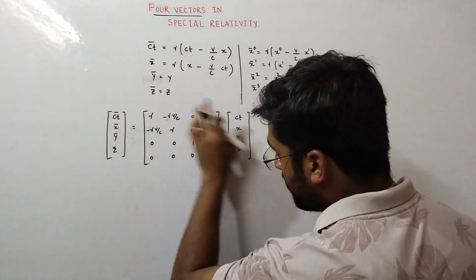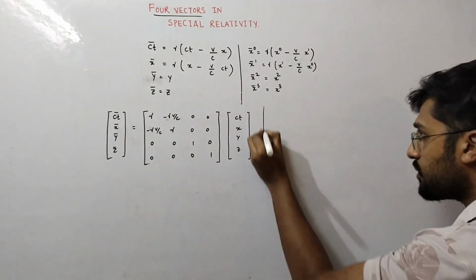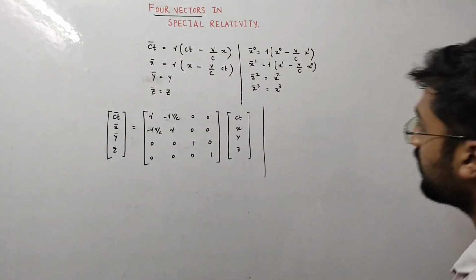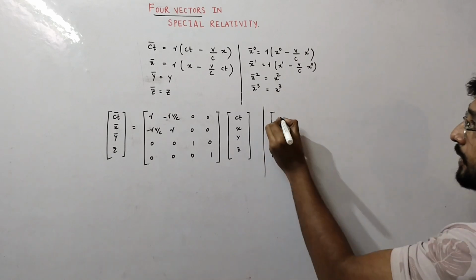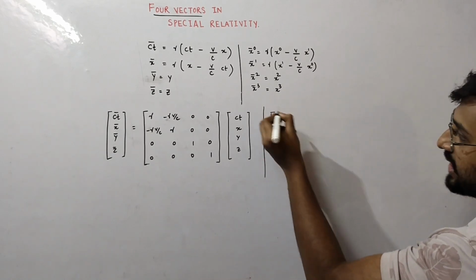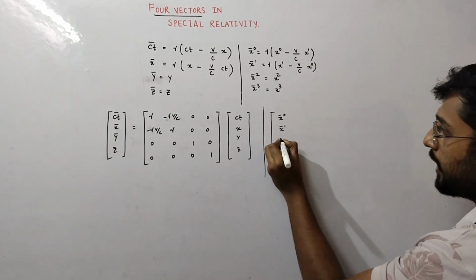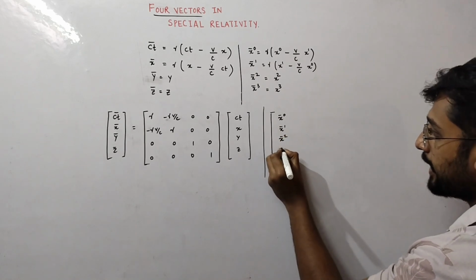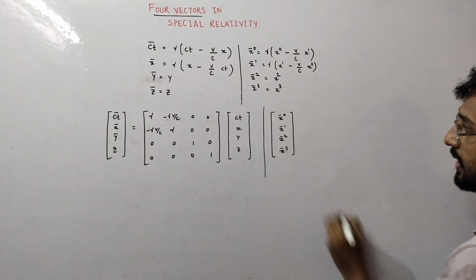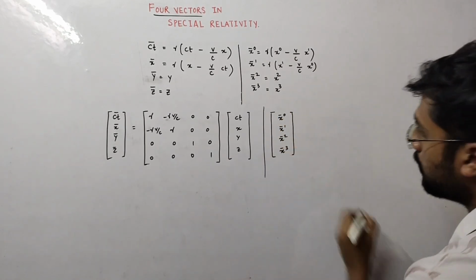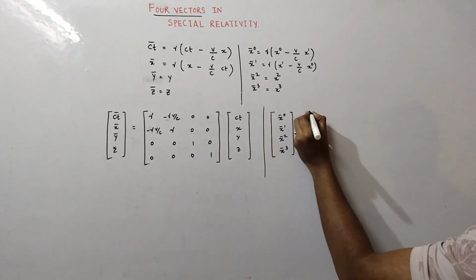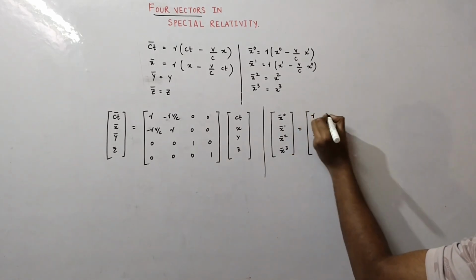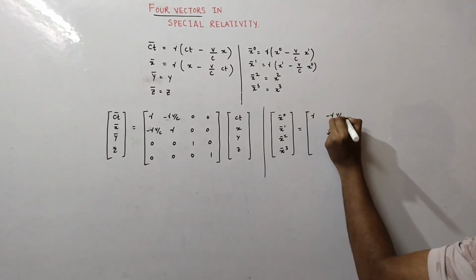Now I can rewrite this in the other form using this notation. So this will eventually become x bar 0, x bar 1, x bar 2 and x bar 3, which is equal to gamma, minus gamma v upon c.